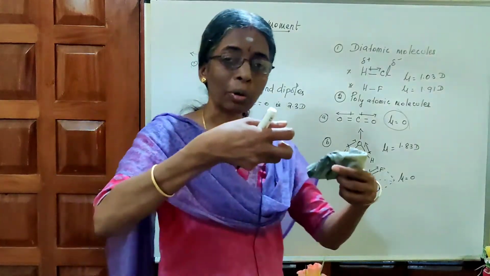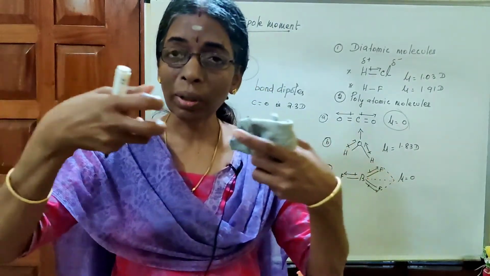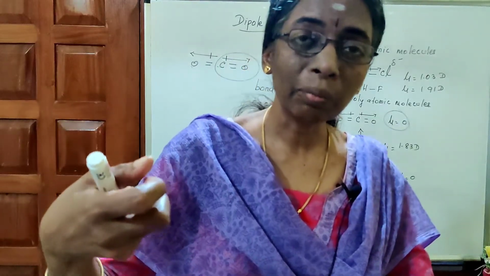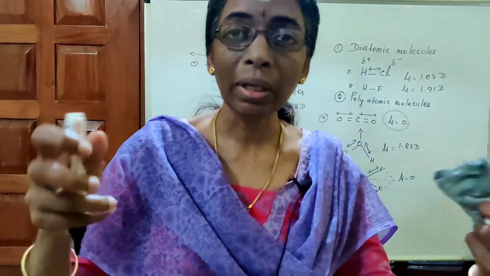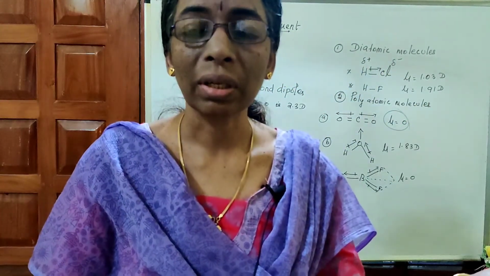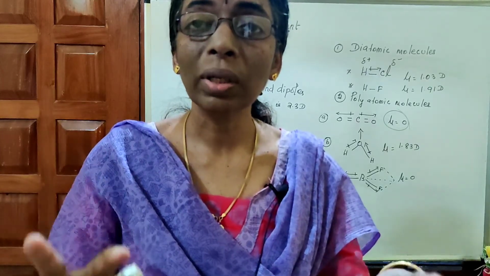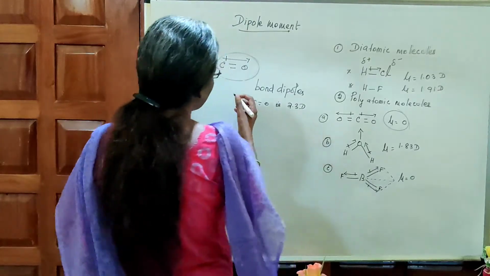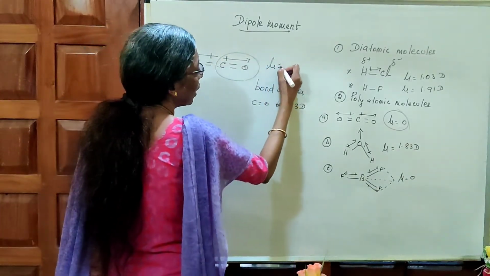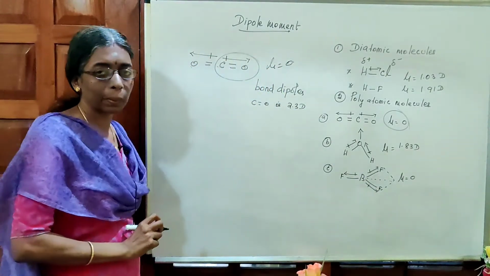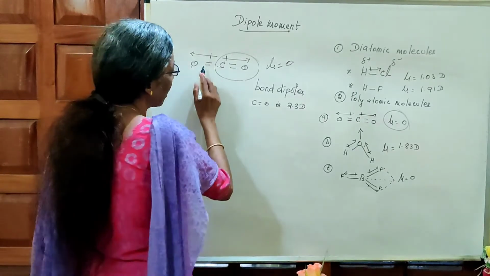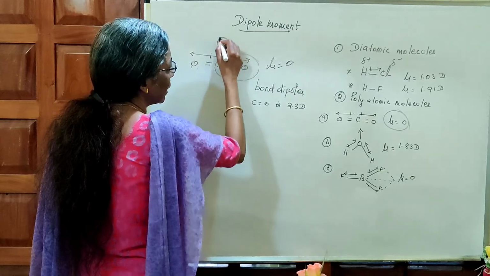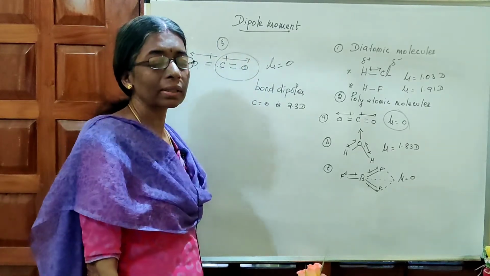One bond dipole has the same value as the other, but both are in opposite directions. So both bond dipoles get cancelled, and as a result the dipole moment of carbon dioxide is 0. Is it clear? In carbon dioxide, how many atoms are there? 1, 2, 3. So 3 atoms, but the net dipole is 0.